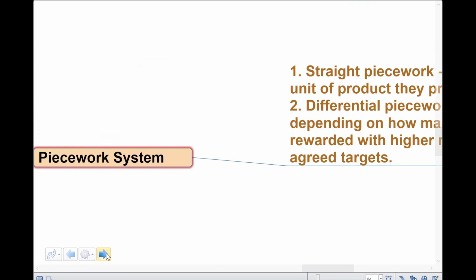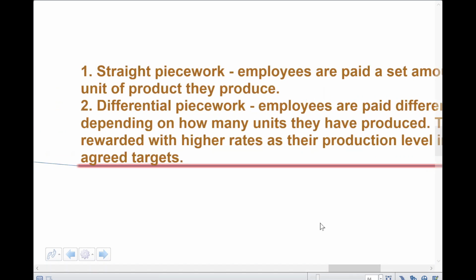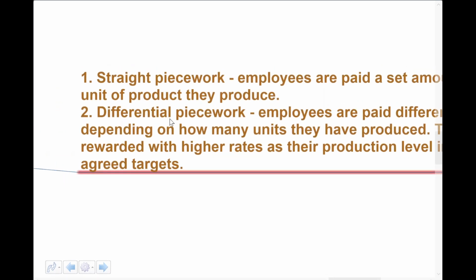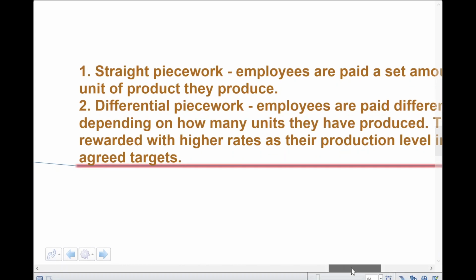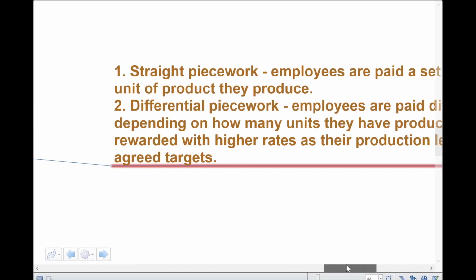What about piecework? Does that solve the system? Well, first off, what do we mean by piecework? Well, two different types of piecework. Firstly, straight piecework. So really what we're talking about there is just a set amount for each unit. Okay, so you produce 10 units, you get an amount, a rate in effect associated with that unit.